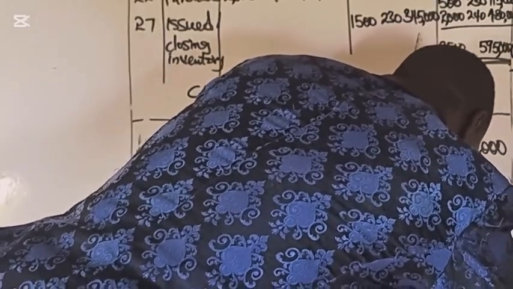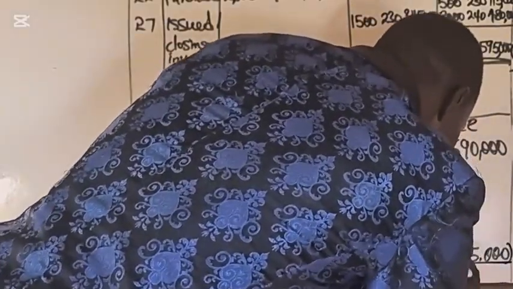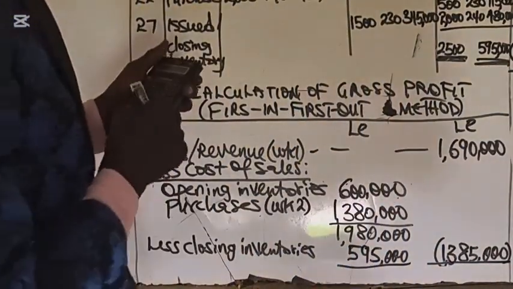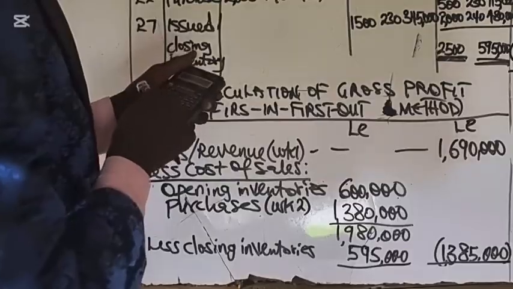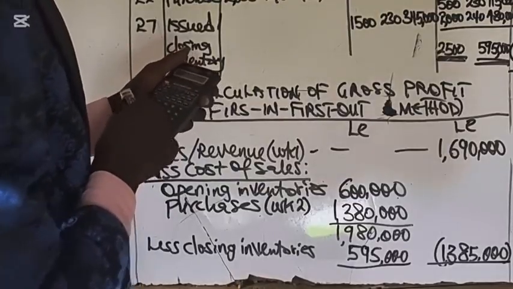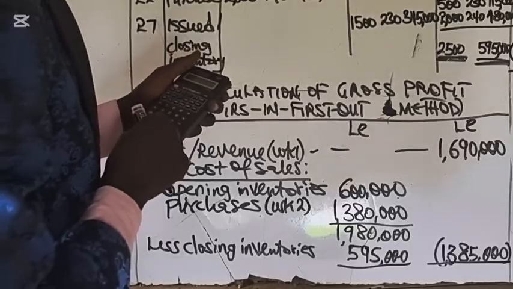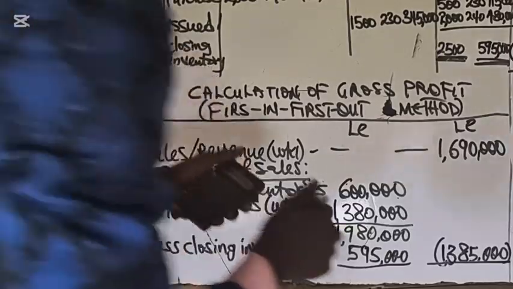If you subtract this cost of sales of 1,385,000 from our revenue of 1,690,000, then you have the gross profit of 305,000.